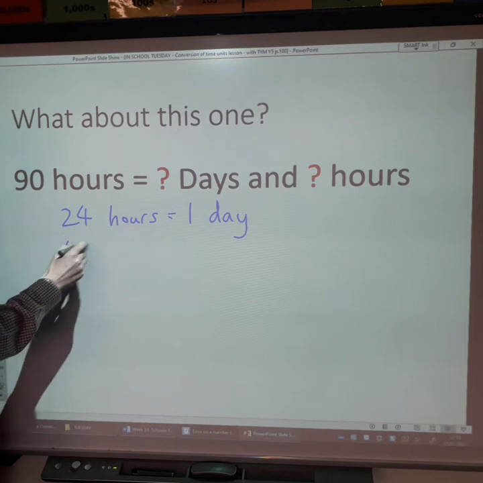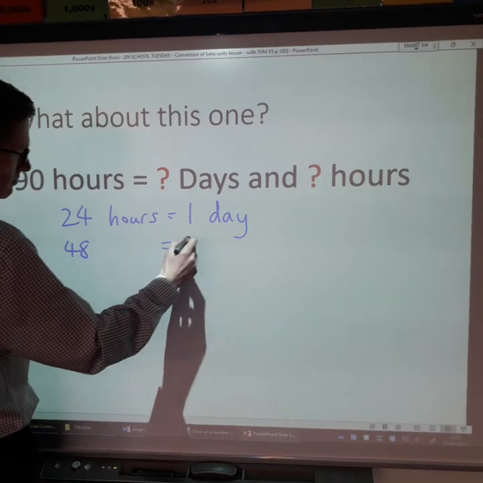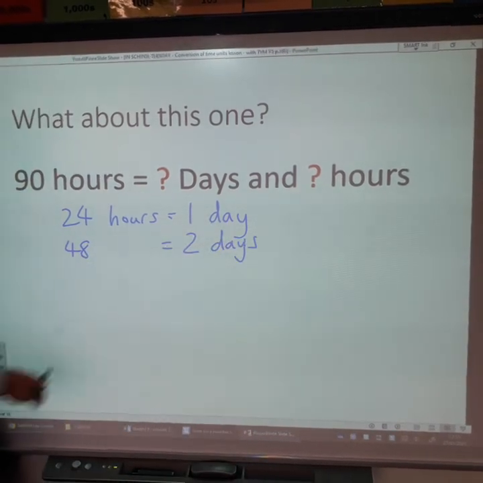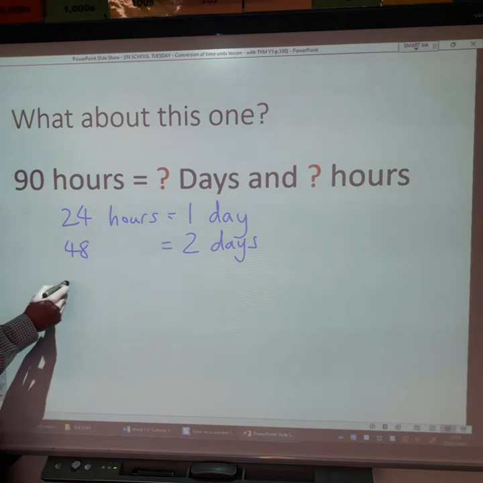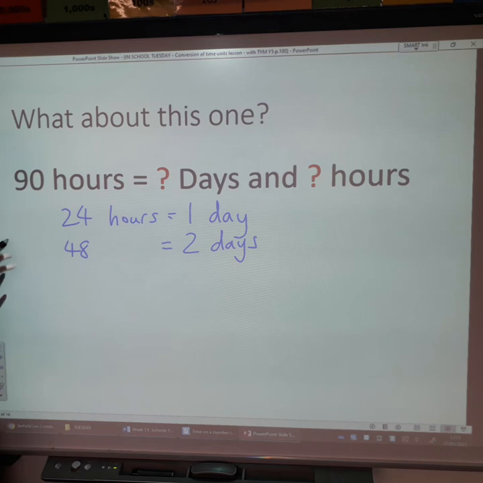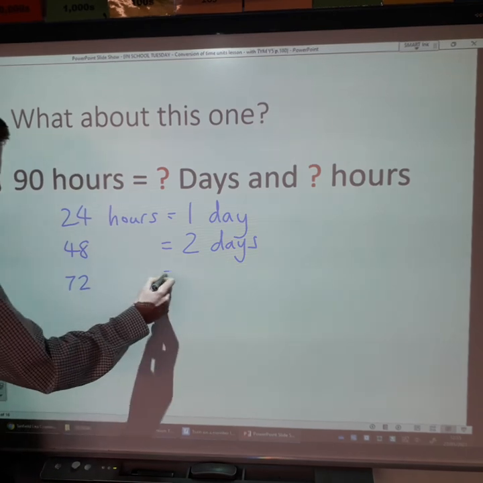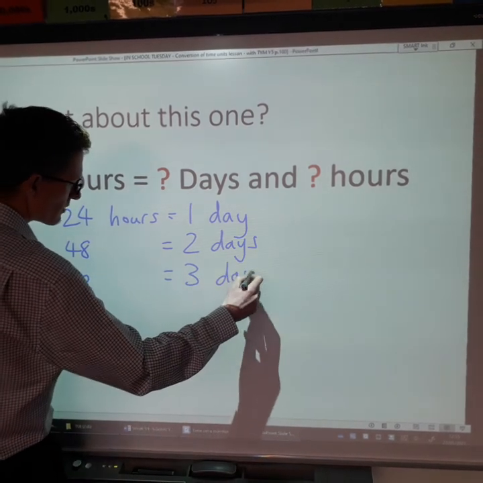So double 24 will give you 48, which is going to be 2 days. Okay, can I add another 24 onto this? I think I can. Okay, so if you're not sure, you could write it at the side. Okay, but I'm pretty sure, hopefully we'll avoid some errors, but it's 72 hours is 3 days.